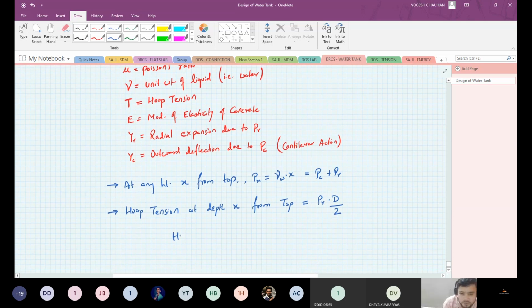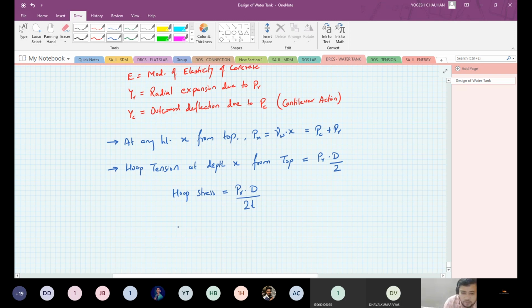So hoop stress is equal to Pr d by 2t, and the corresponding hoop strain is equal to Pr d by 2t into E. We remember E is equal to stress upon strain, so strain is stress divided by the modulus of elasticity.